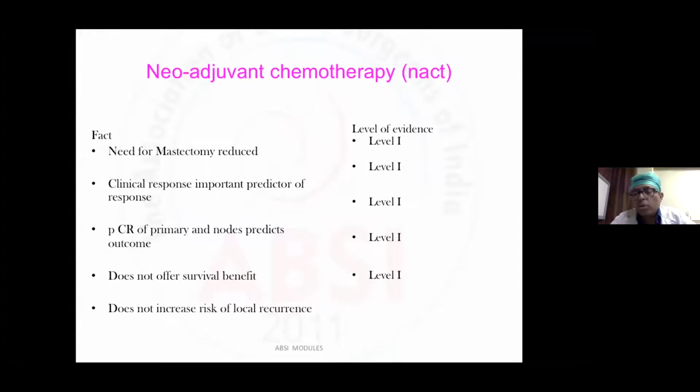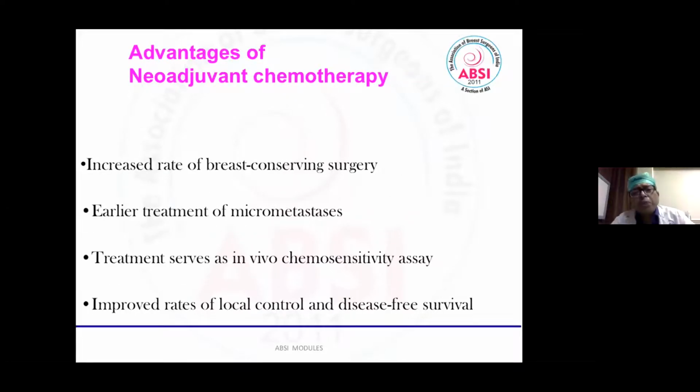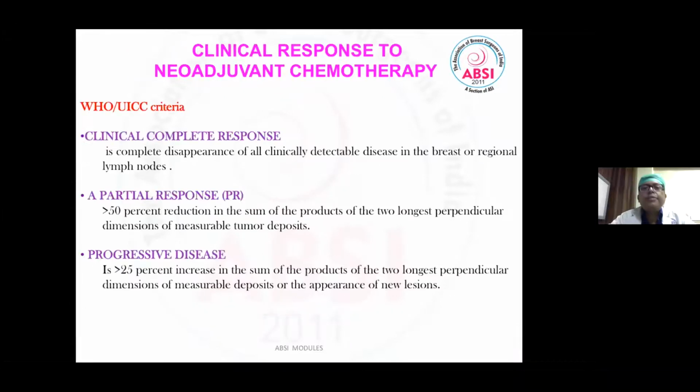Again, as I said, whether you give surgery first and then chemo, or chemo first and then surgery, doesn't impact. Same is the case for local recurrence. But what it does, as I said, it increases the breast conservation rate. It sterilizes the system. It is an in vivo test for chemosensitivity, and improves local control and disease-free survival to a certain extent.